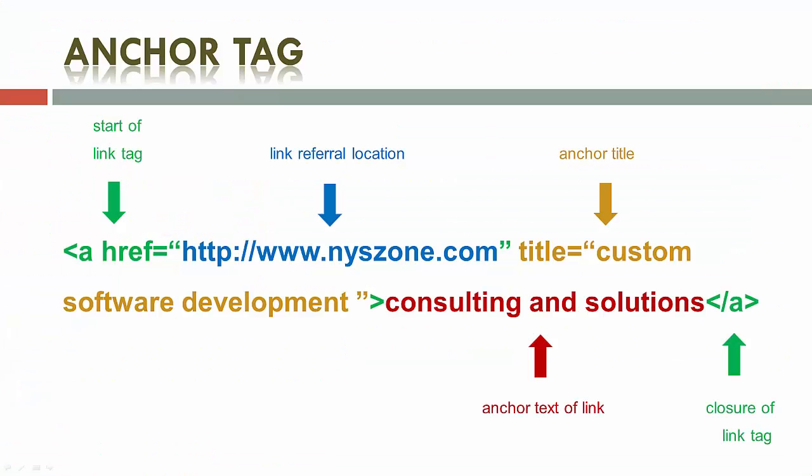As distinct from the link referral location, which indicates the link's destination, the anchor title attribute of a link is one of the neglected attributes. Very often developers don't pay notice to the title attribute.